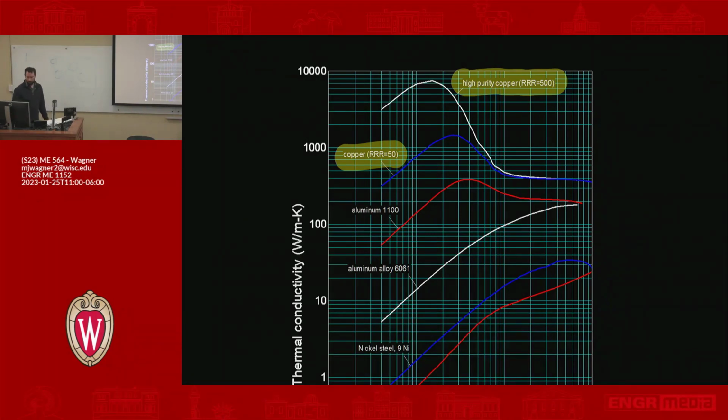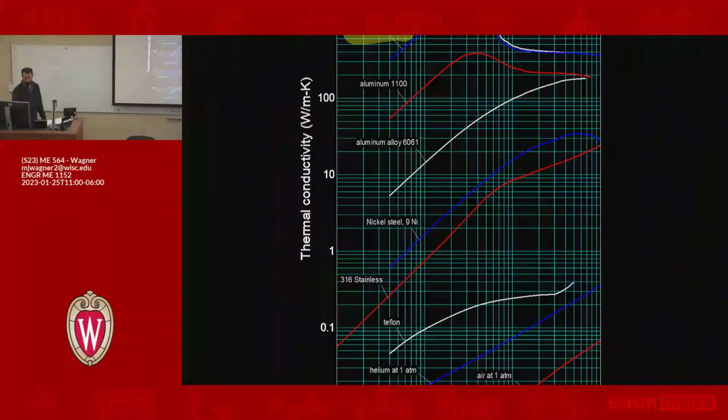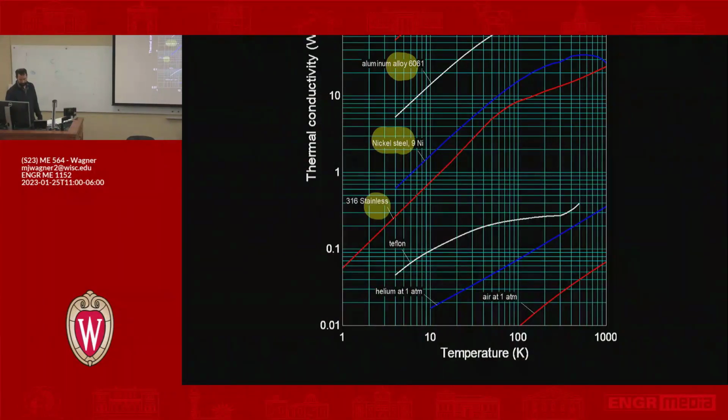You start going down, and what do you notice? Well, you're starting to see things like aluminum alloy, steel, which is an alloy. Stainless is an alloy. At the very bottom, you have things like gases, helium and air, and Teflon, plastic. So as you go down, something like Teflon is a relatively dense material. There's a lot of matter there, but there's not a lot of free electrons.